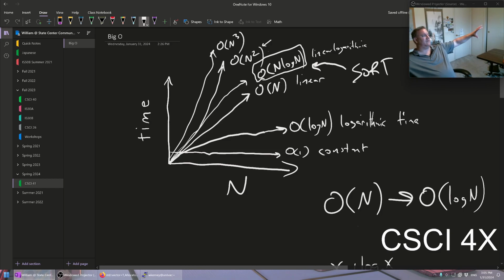So if you have 10 elements, they'll go through the whole thing and find the smallest one and pull it out and put it into an output array. Then they go through it again, find the smallest, pull it out, put it into the output array. So they do n work, then n minus 1 work, then n minus 2 work, then n minus 3 work. Order n squared. That's selection sort, that's bubble sort.